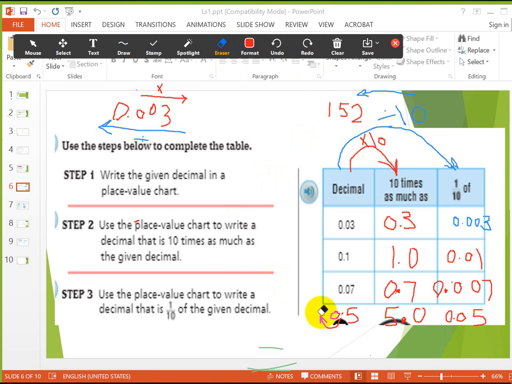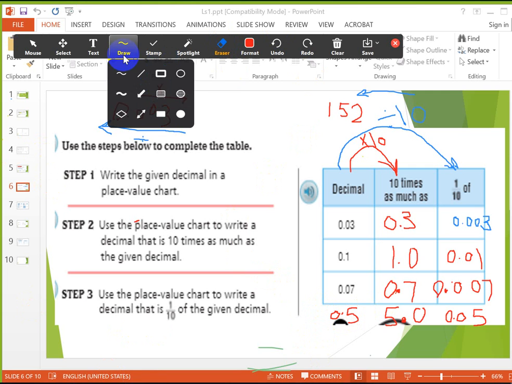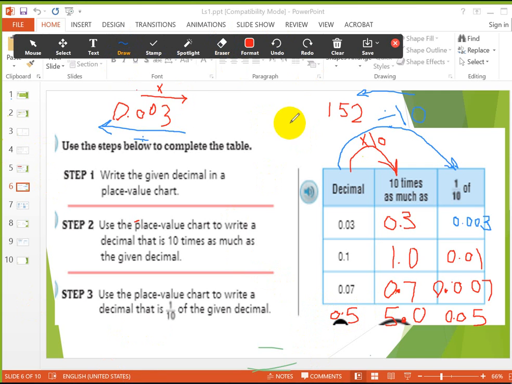You understand it, girls? I hope that you understand it very well. Okay, another example. If I told you 0.09, I want the number that is 10 times as much as this number. Who will tell me the number quickly? Move the decimal point into the right side one digit.